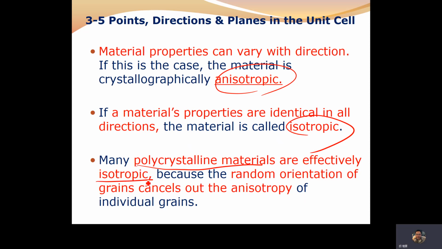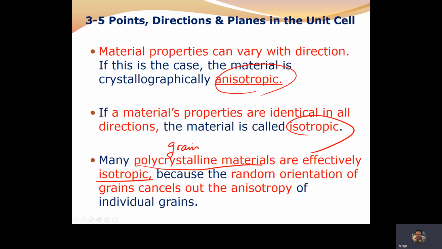As I already mentioned before, the polycrystal has different sizes of grain, and those grains have random orientation that can cancel out those anisotropic characteristics. Therefore, remember that polycrystal materials are effectively isotropic.